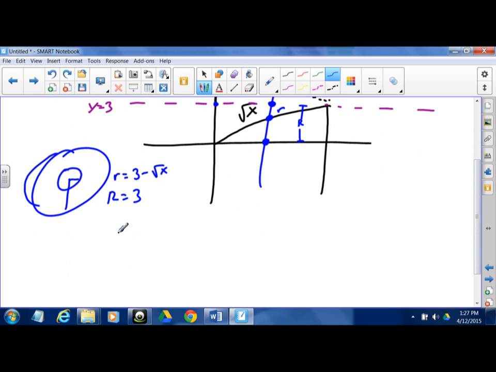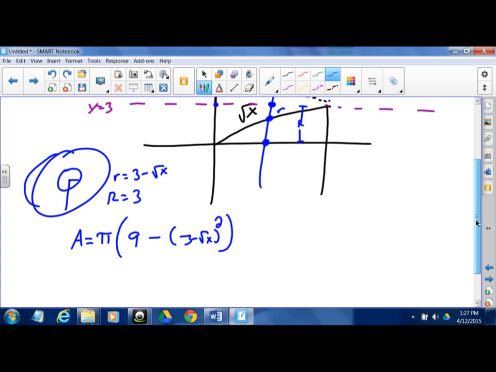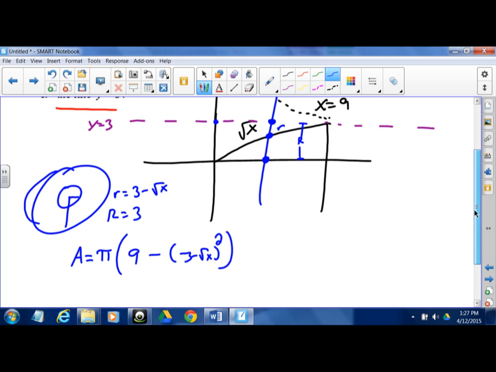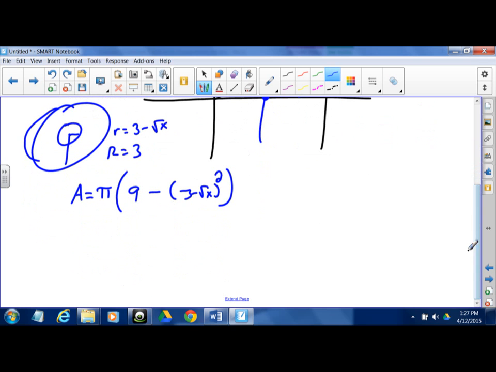All you got to do is set it up, and this is area equals pi times the radii squared. So this is pi times big R squared is 9 minus, and this is 3 minus square root x squared. Okay, and then we integrate. And be very careful with your bounds. It should be 0 to 9 because we're using x values.